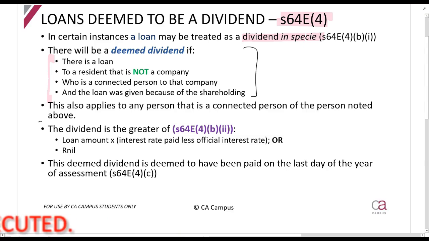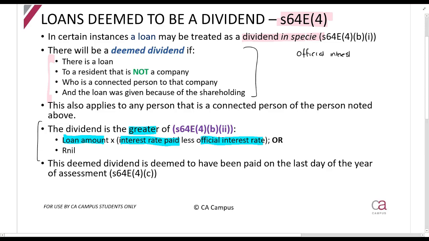Now, they say that the dividend is calculated as the greater of the following two amounts: the loan amount times the official interest rate less the interest rate paid, or 0 rands. So what does that mean? Okay, so let's say the official interest rate is 10%.